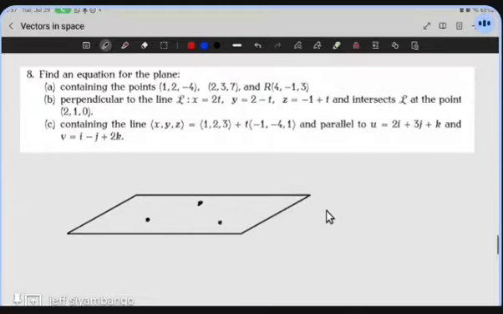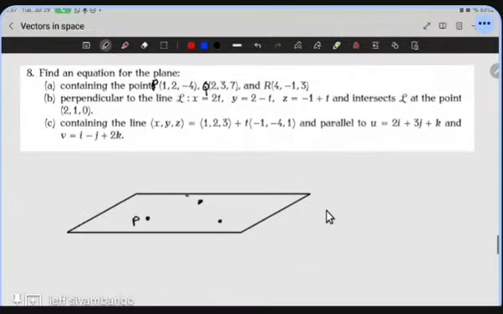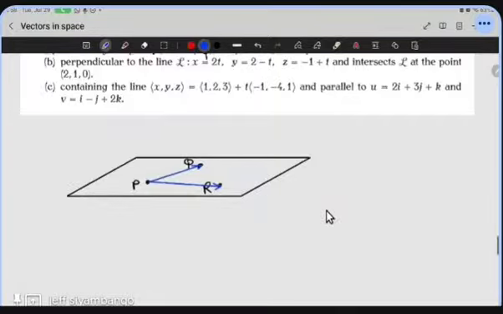So what we're going to do is we'll pick the point, label this as P, Q, R. So take this as P, Q, and R. So get a displacement vector from P to Q, then P to R. Once we have the two displacement vectors, we take advantage of a cross product because we know if we get a cross product of two vectors which lie on one plane, the product is going to be a vector perpendicular to both vectors, or the product will be a vector perpendicular to the plane.